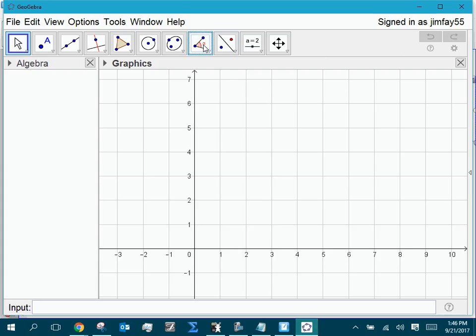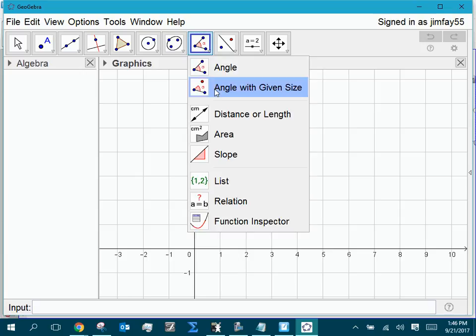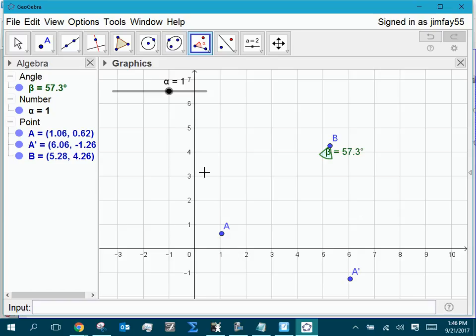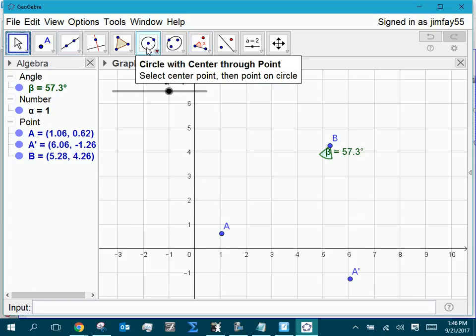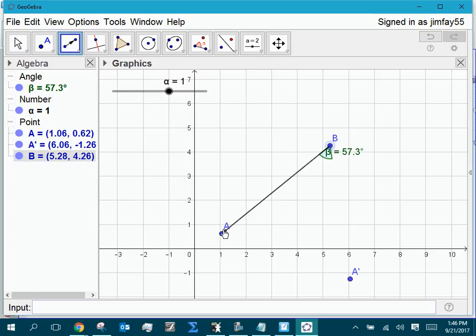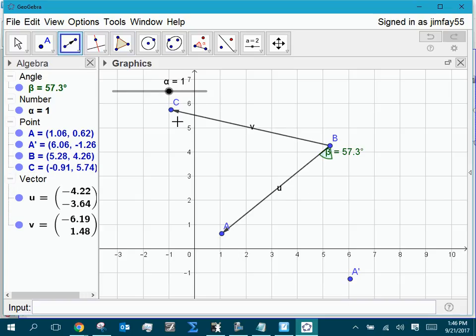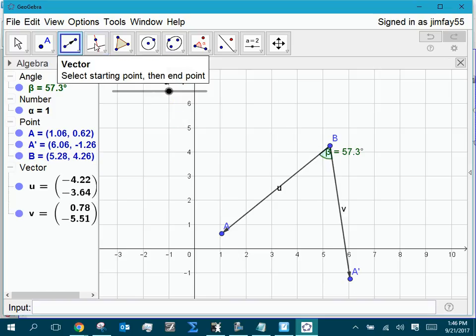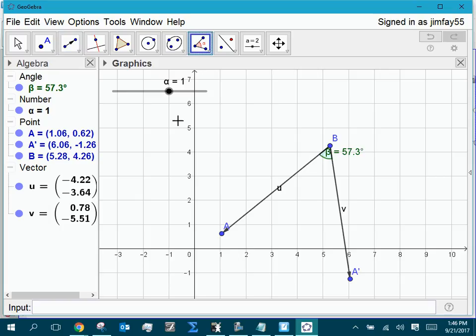Let's say I have that angle, and let's create another one.